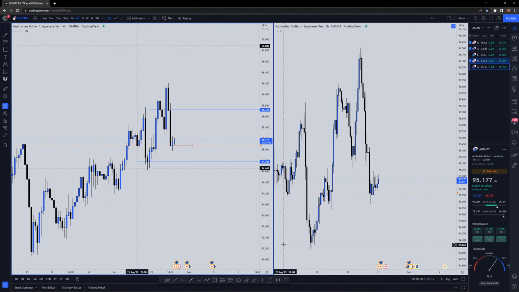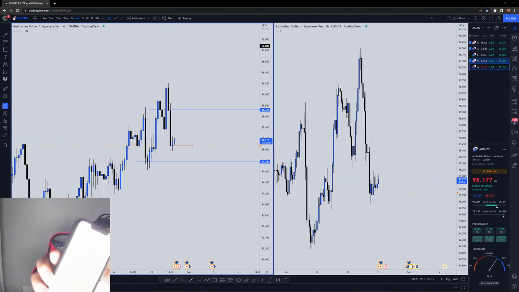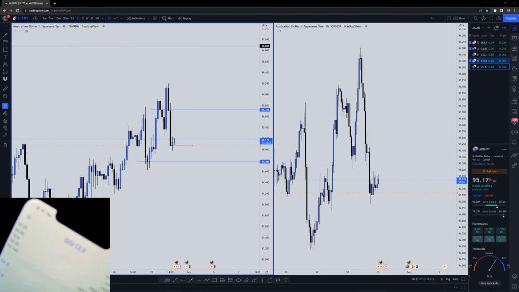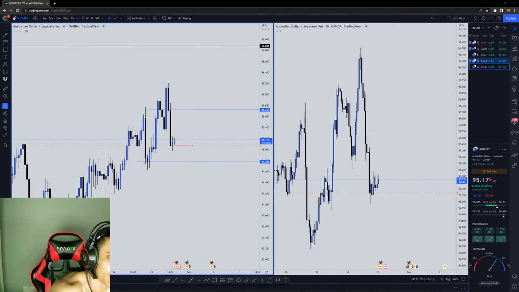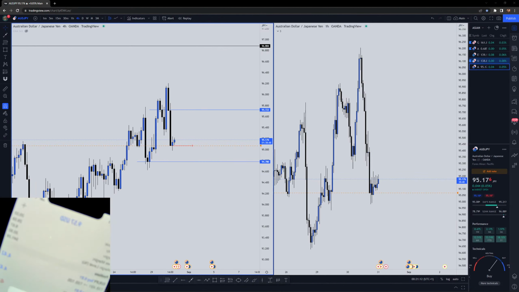Cool. Yes, the Excel sheet, where I am. Let me look at my thing here. Okay, so right now I'm up $10, right? You guys can't see my camera. Hold on, let me turn it on quick. Boom. Around $10, right?